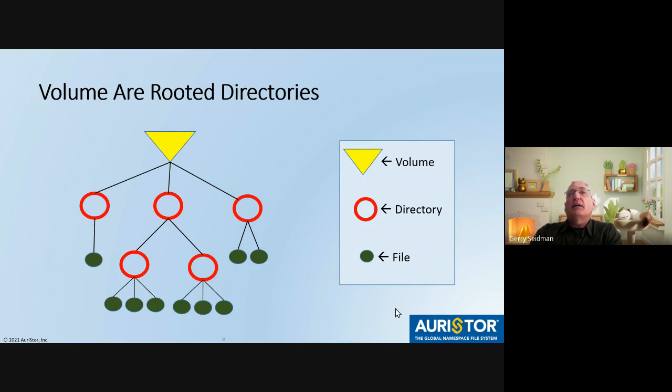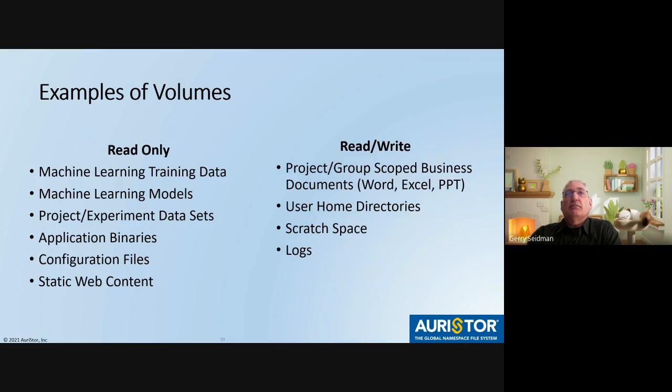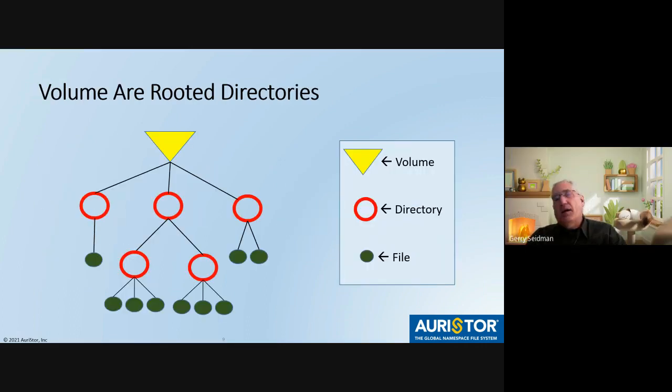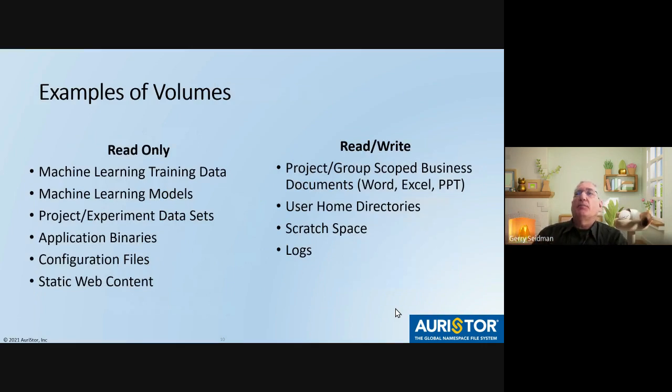In AFS, a volume is just a rooted directory of files, and it can have files and symlinks and directories, etc. Examples of read-only volumes would be machine learning training data, models, data sets, application binaries, configuration files, static web content. For read-write, your home directory, scratch space, logs, some specific project, etc.